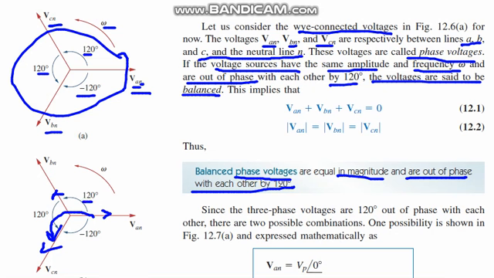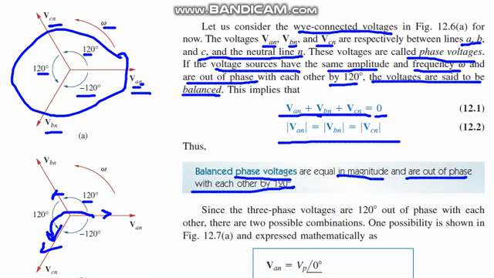If any discrepancies are found in the phases, it cannot be known as balanced. Vectorially, VAN plus VBN plus VCN is equal to 0 when it is balanced. Each phase is equal in magnitude.